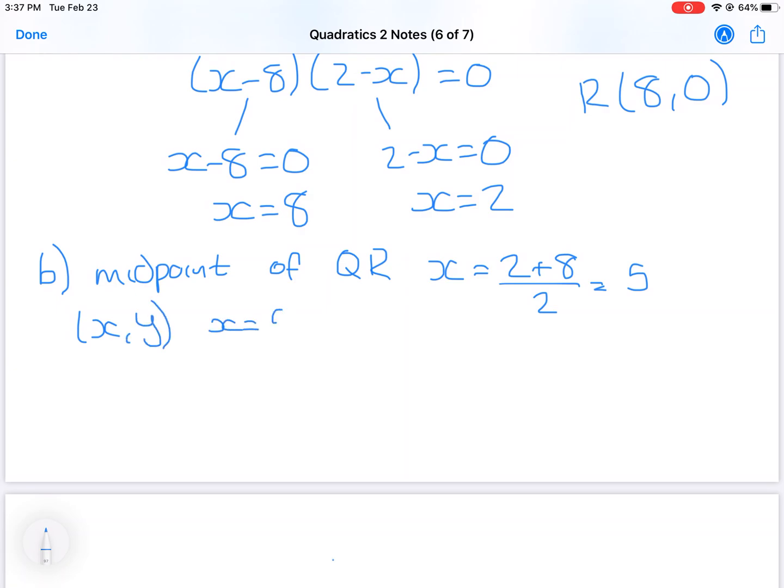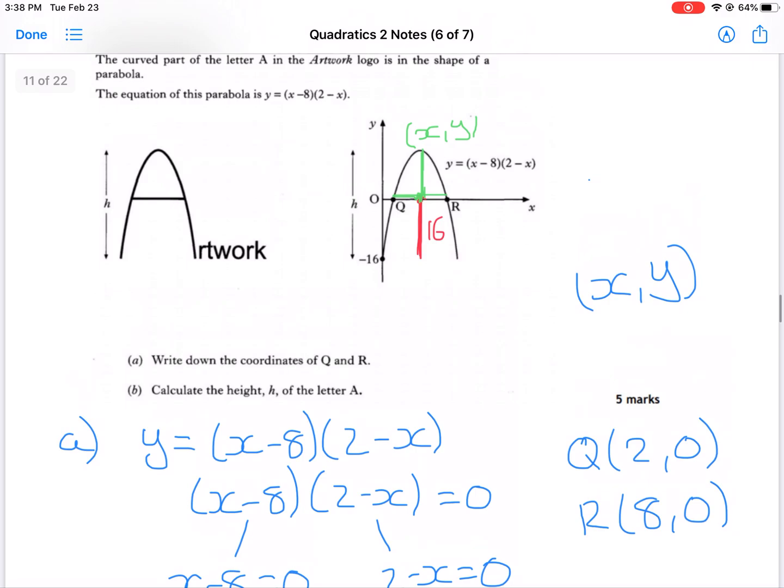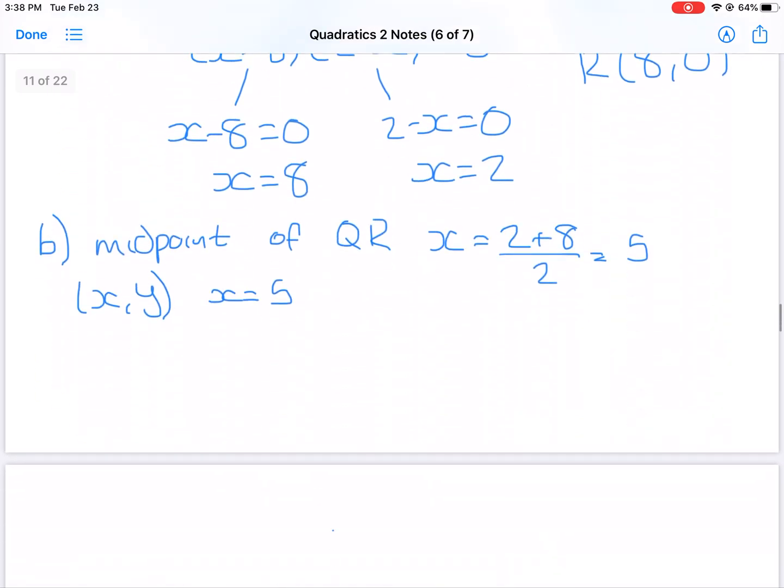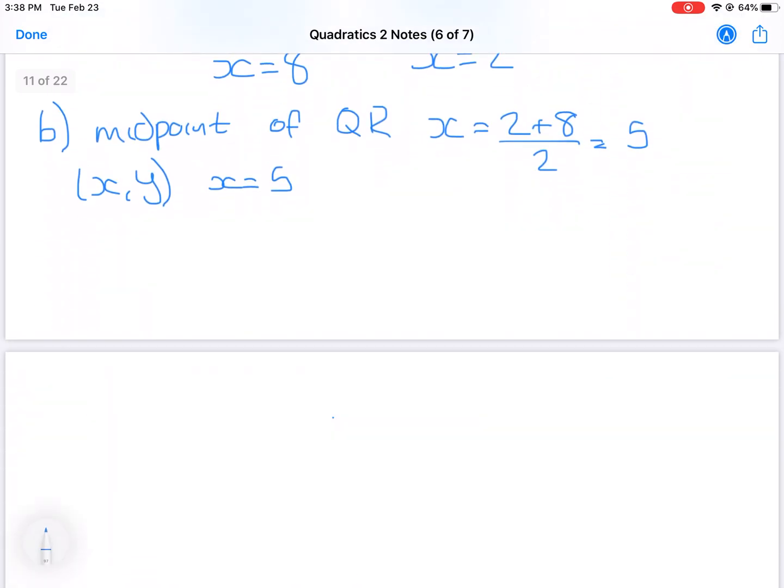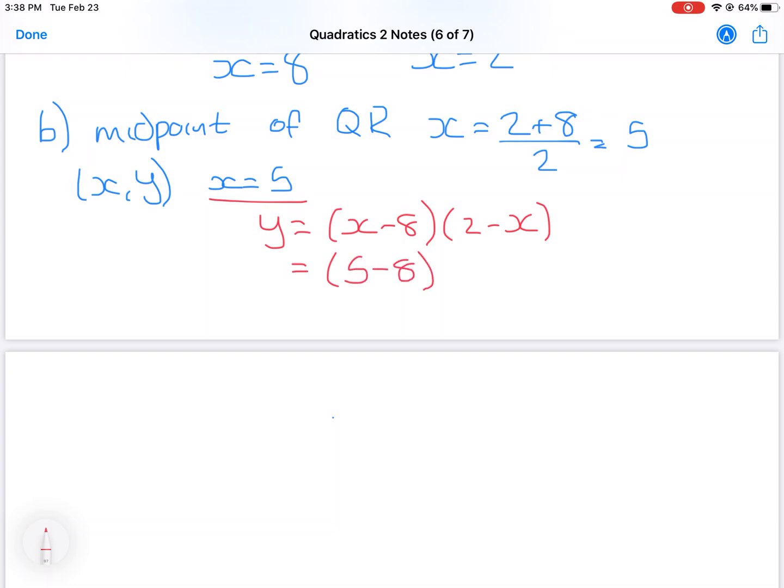I'm looking for a point (x, y). x equals 5, and y, all the way up at the top of this example, was that expression there, (x minus 8)(2 minus x). So y equals (x minus 8)(2 minus x). x is equal to 5, so I put 5 in place of x.